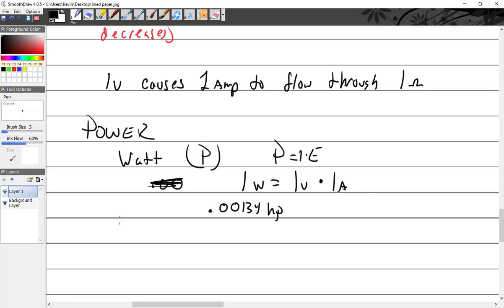When you talk about horsepower, who knows what kind of horse it is? It's an English workhorse. So it's actually based on an English workhorse.